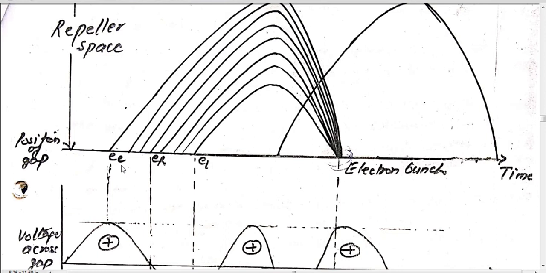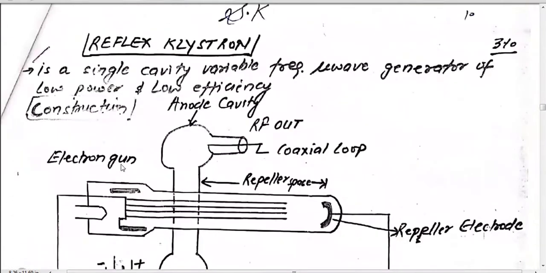But because of the varying velocity of these two different electrons, they will appear at this gap for the second time at the same time.